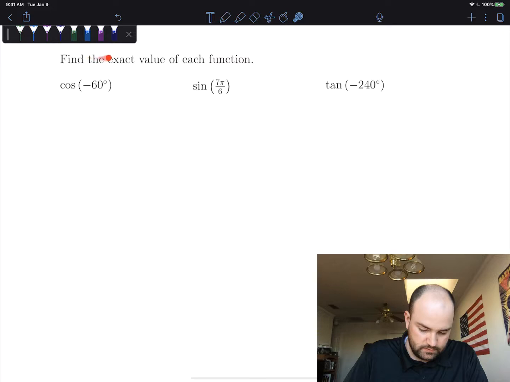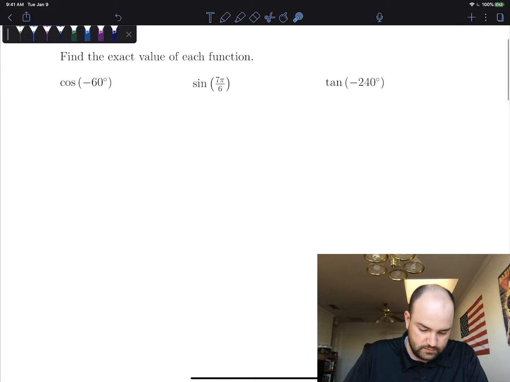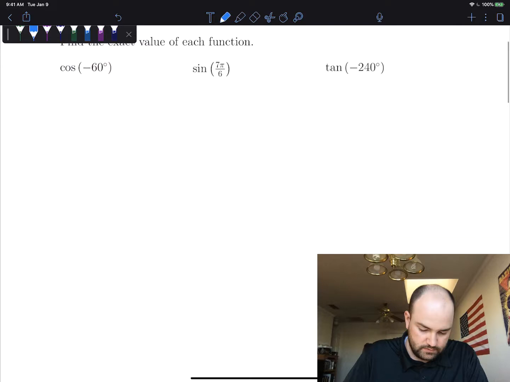So we want to find the exact value of each function, cosine of negative 60 degrees. Well, let's draw a small circle here. Okay, negative 60 degrees means we start here and go down. I want to know what is that coordinate, and it's cosine, so cosine is the x-coordinate.